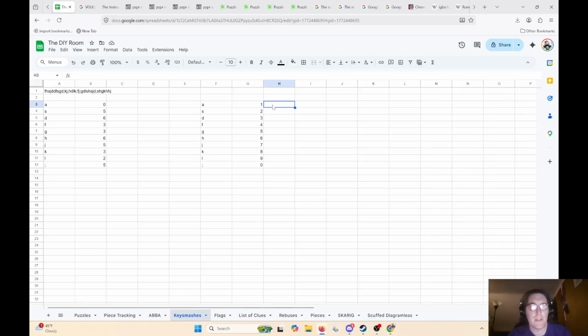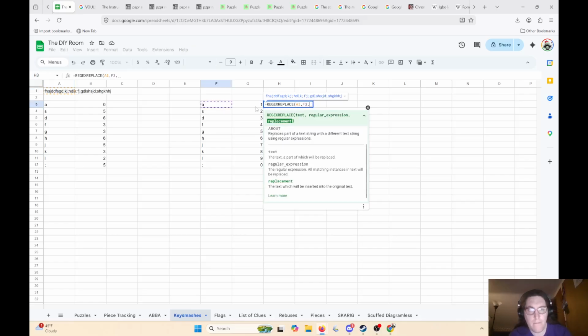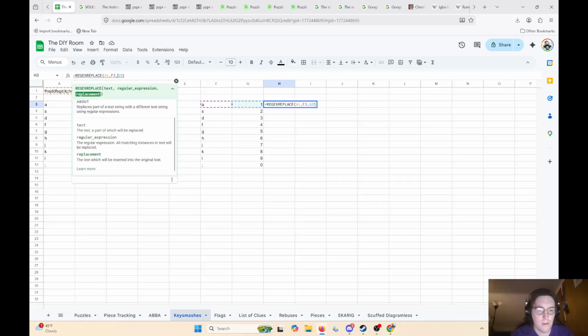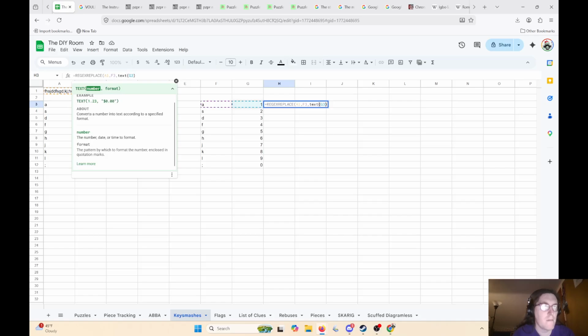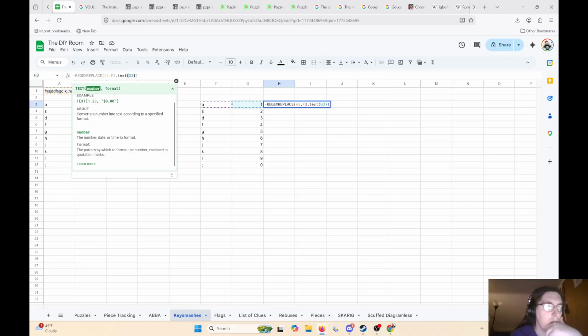Was it just regex? Show me the thing here. Text. Why does text want to?